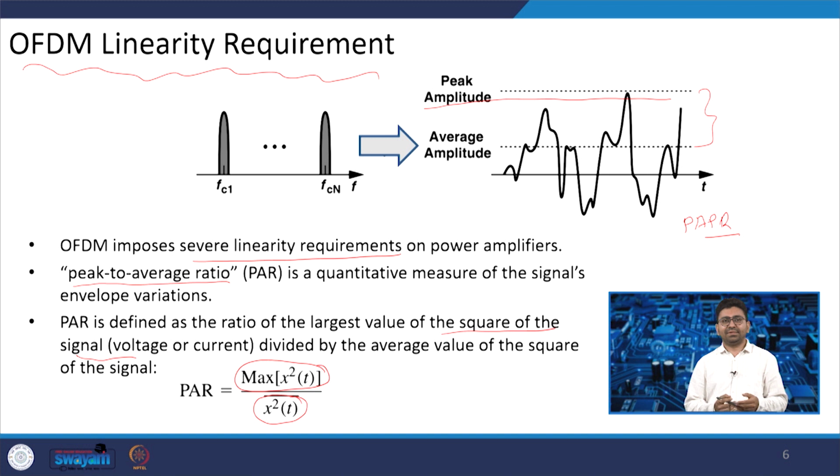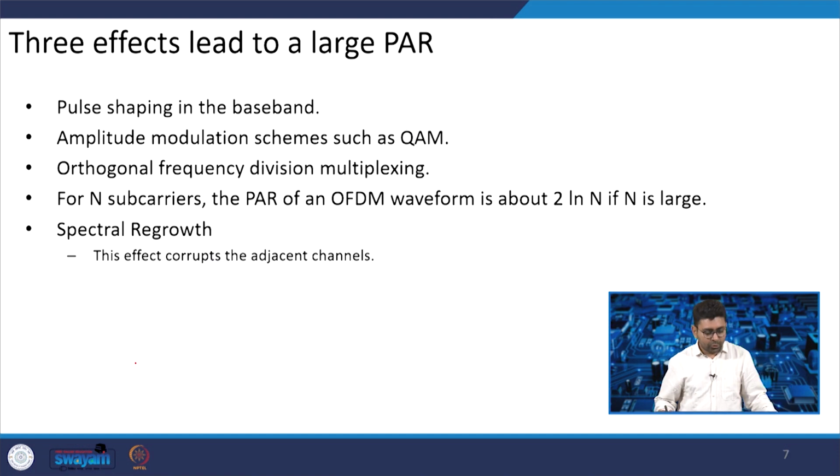Whenever standards are discussed, this PAPR is also discussed. So, OFDM has this requirement, and that is very important to know. As we discussed, PAR, peak to average ratio, or peak to average power ratio, can also be written as PAPR.